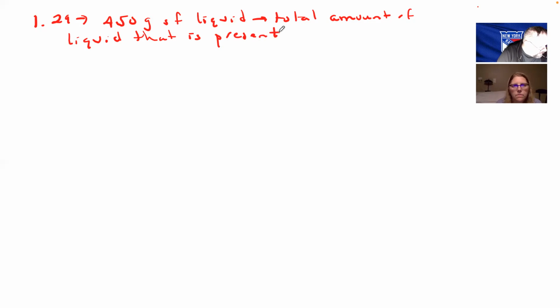So that's the way I'm reading the question, is that it's 120 grams of ethylene glycol and 450 grams of liquid. My understanding of ethylene glycol is that it is a liquid. I'm sure they wouldn't expect you to know that. But since it says ethylene glycol in 450 grams of liquid, the 450 grams of liquid would be the total amount of liquid that is present.